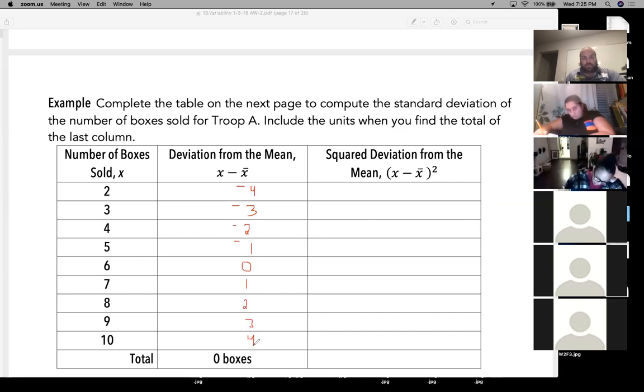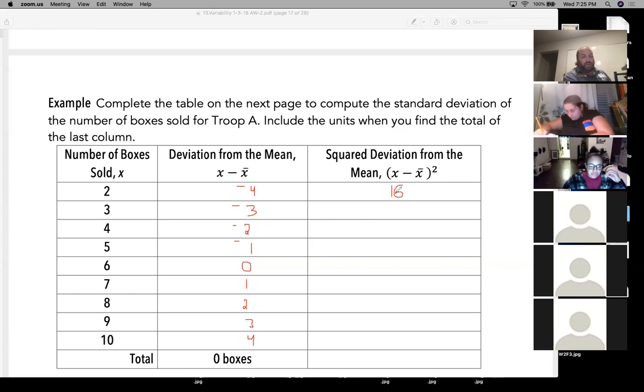Correct? Now, notice, by the way, if you add all these numbers, what do you get? You get 0. Which is why it's very important to square them all. What's negative 4 squared? 16.